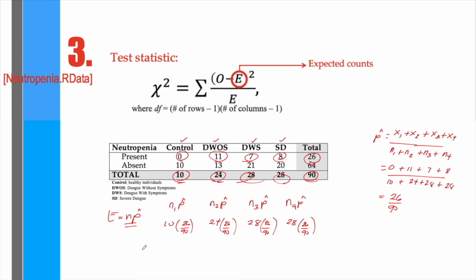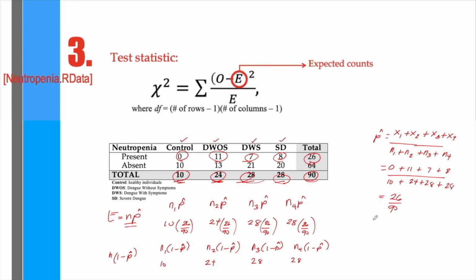And likewise, since we have n times p hat, we must also have n times 1 minus p hat. So we're going to have n sub 1 times 1 minus p hat, n sub 2 times 1 minus p hat, n sub 3 times 1 minus p hat, and n sub 4 times 1 minus p hat, in which again the values of n are the sum of all the columns.